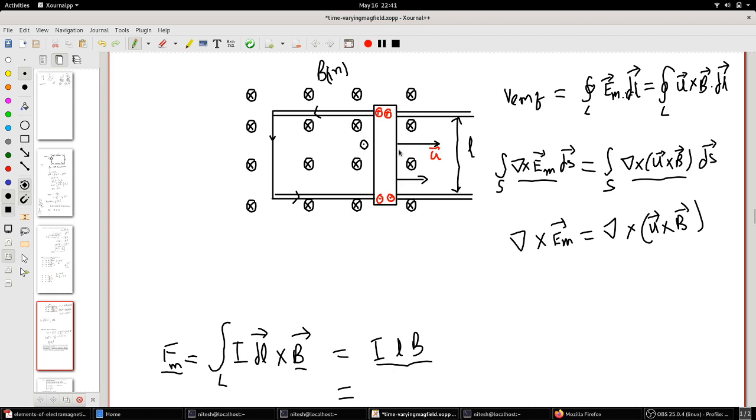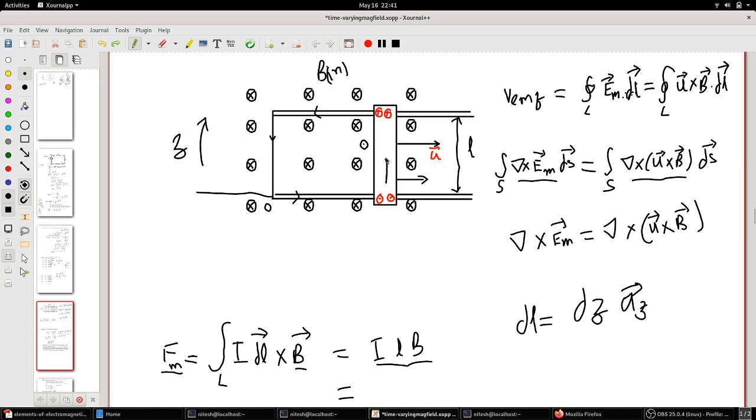Now if I want to find the direction of dl, let's say this is your z direction, and this is z equal to 0. The dl in this case is dz az, because you have a distance, this length is dz, and its direction is az.